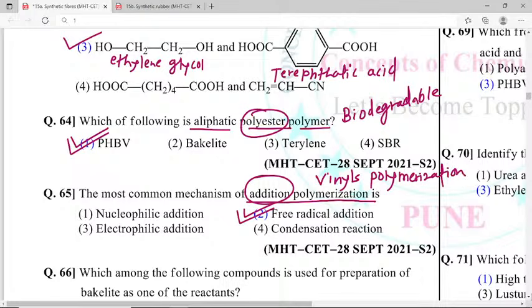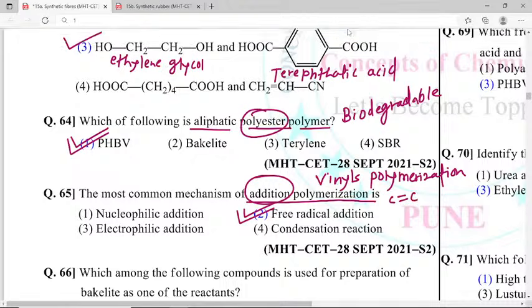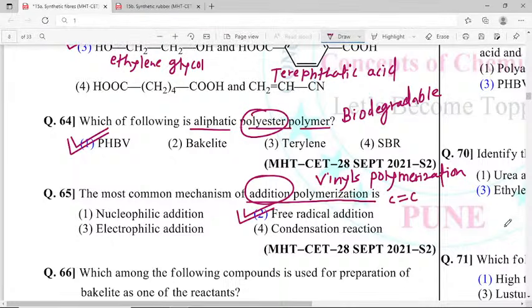Those monomers contain at least one carbon-carbon double bond, and they undergo addition polymerization reaction. So this is free radical addition.